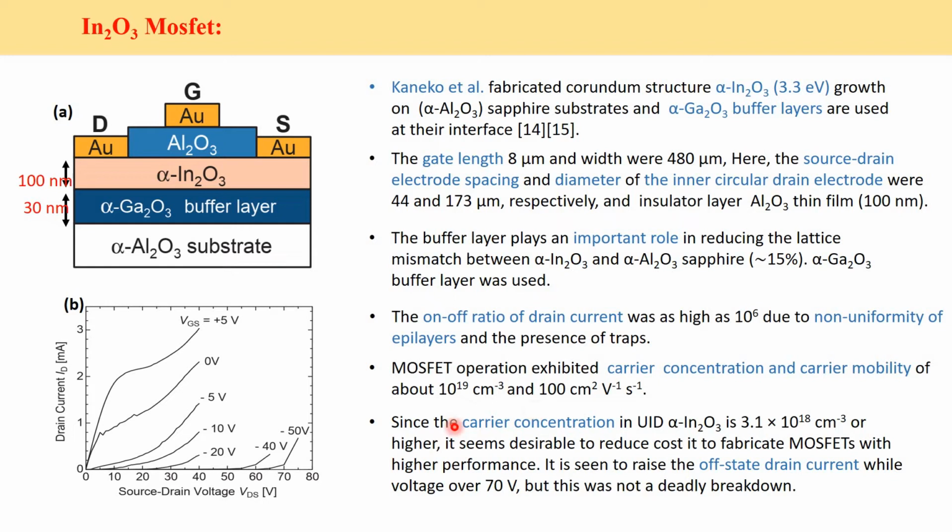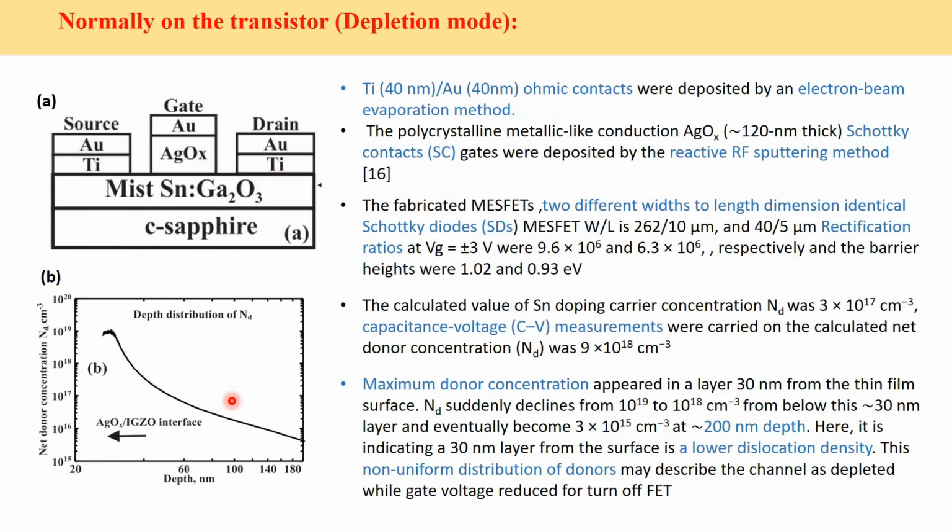So it is considered good characteristics. It is still desirable to reduce the cost of fabricating MOSFETs with high performance. The drain current seems to rise at voltages over 70 volts, but this was not a destructive breakdown. So this indium oxide alpha gallium oxide MOSFET still needs improvement.